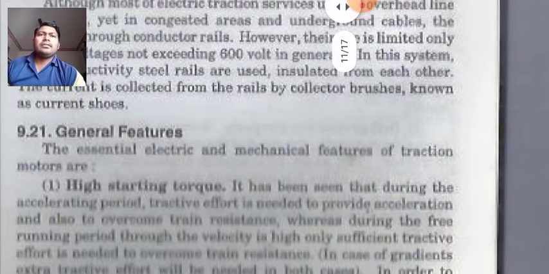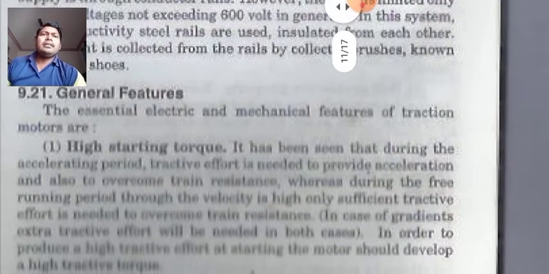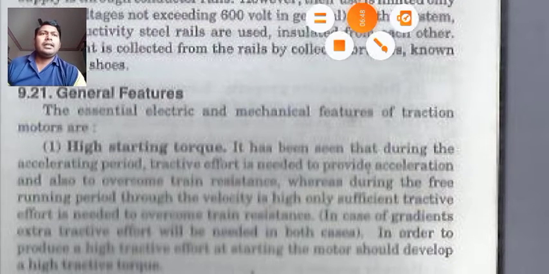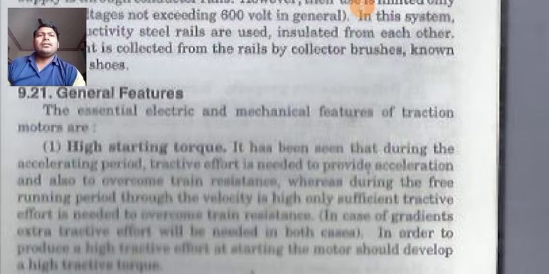We'll now understand the essential electric and mechanical features of electric traction, which are as follows: high starting torque. It has been seen that during the accelerating period, tractive effort is needed to provide acceleration and also to overcome train resistance, whereas during the free running period, though the velocity is high, only sufficient tractive effort is needed to overcome train resistance.